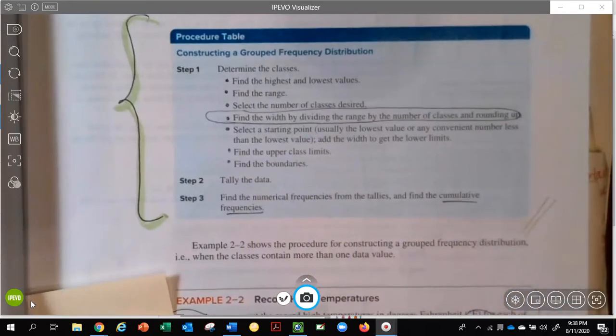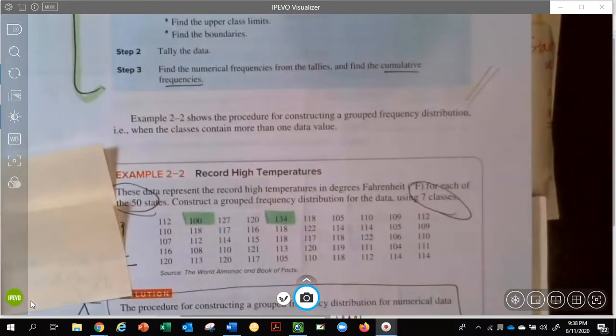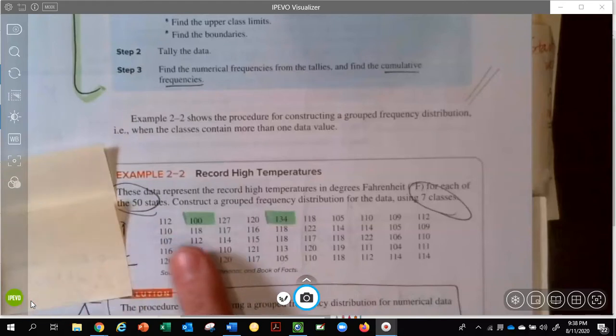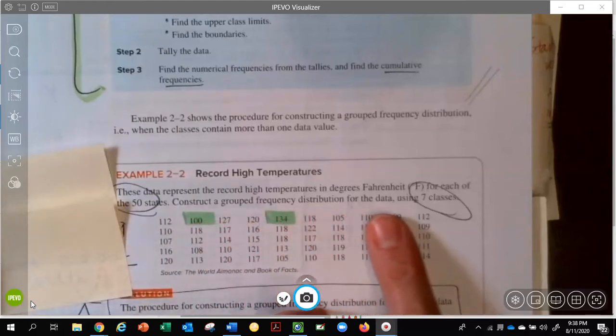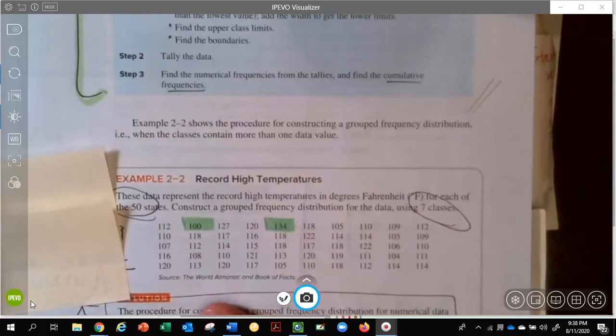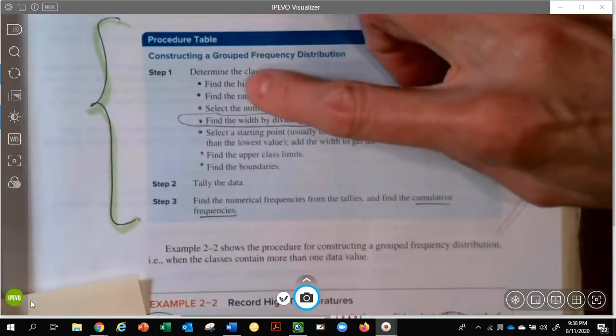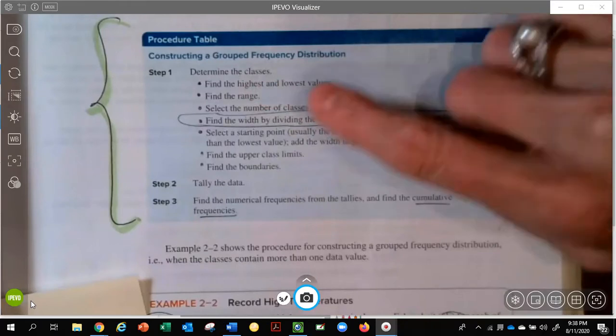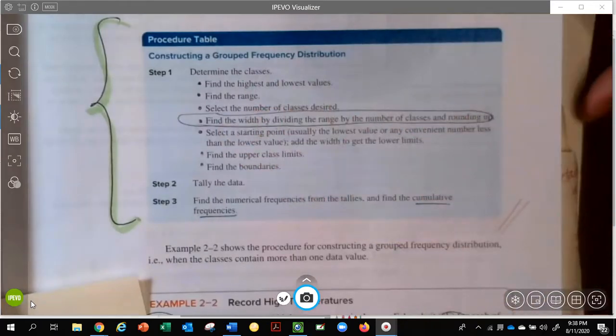A whole lot of stuff, but if you look here at our list, it's talking about some raw data, high temperatures in degrees Fahrenheit, 50 states. Construct a group frequency distribution for the data, use 7 classes. What we just read said, find the highest, the lowest, the range, and then we've got 7 classes, divide it and round up.